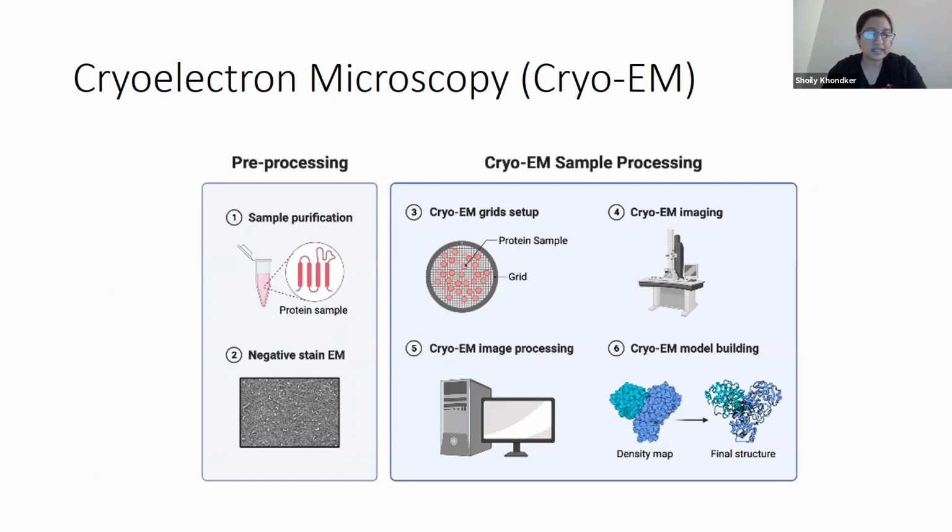So cryo-EM starts out the same way. It involves sample purification, and then the purified sample undergoes negative staining. So negative staining involves placing the sample on a thin carbon filter and then mixing it with a heavy metal salt.